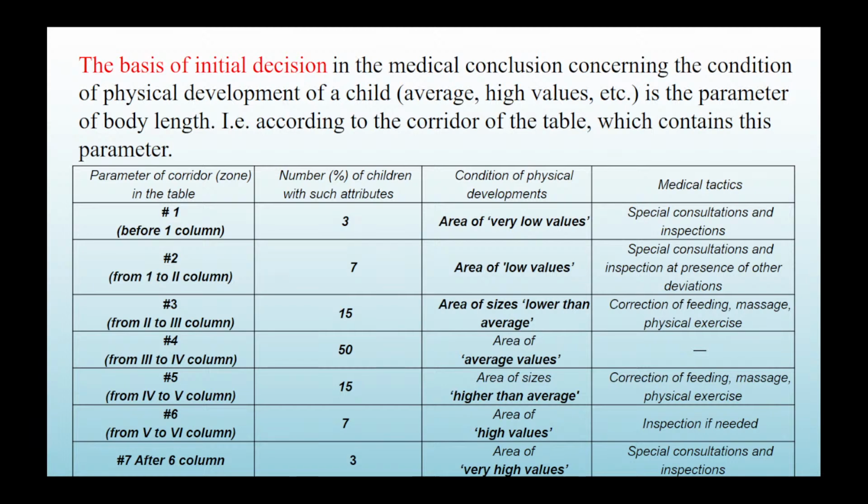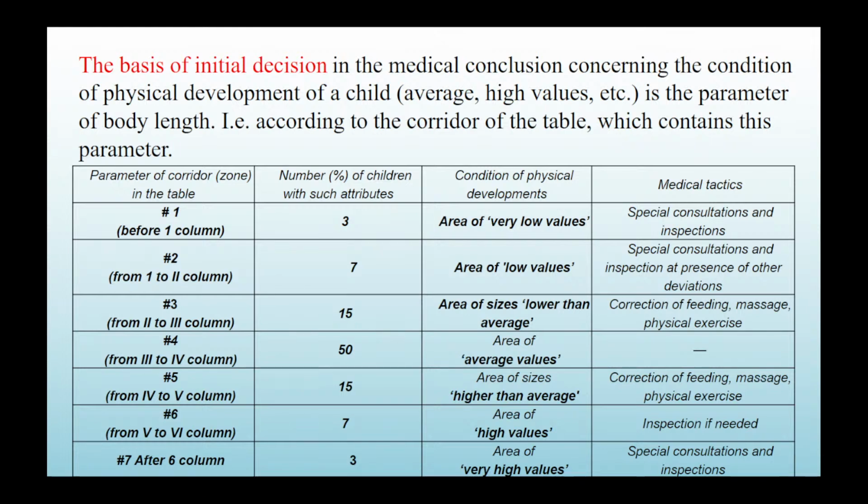The basis of the initial decision in the medical conclusion concerning the condition of physical development of a child is the high values of these parameters of body weight or height, according to the corridors of the table which contain these parameters.